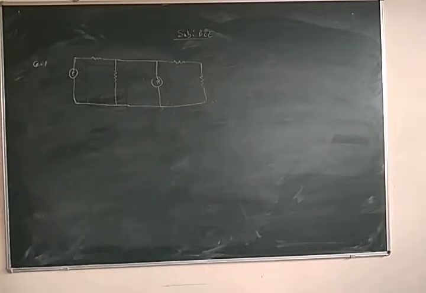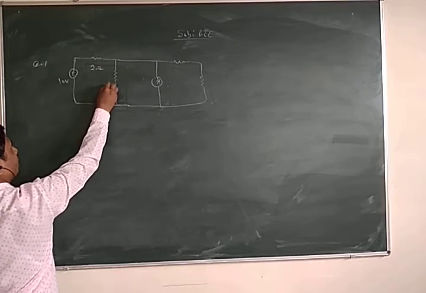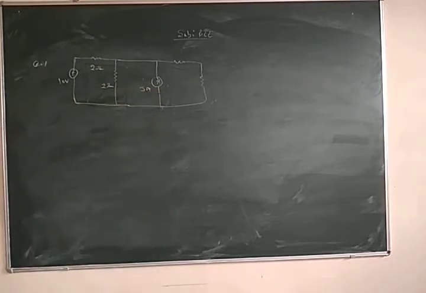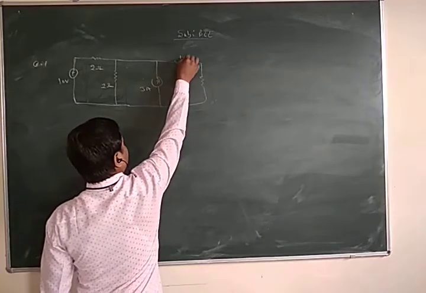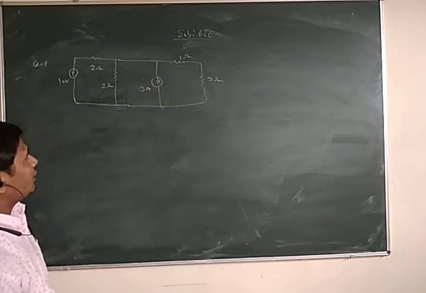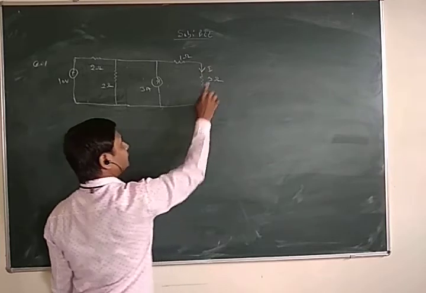This is the circuit: 10 volt, 2 ohm, 2 ohm, 3 ampere, 1 ohm and 3 ohm. In this question, we have to calculate the value of current I in 3 ohm.